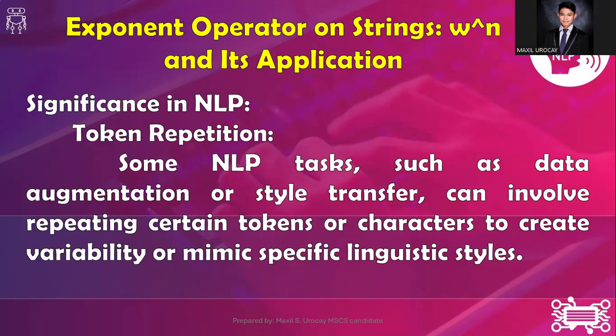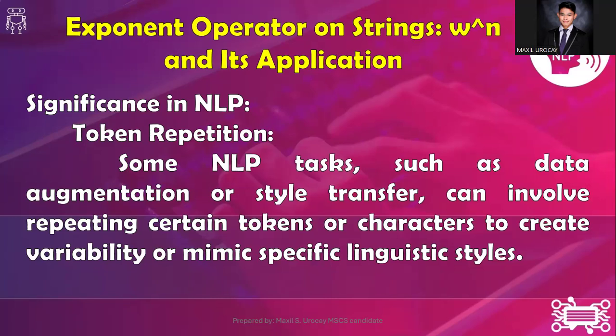It can also be used to mimic specific linguistic styles or patterns, which will allow the model to generate text that aligns with particular stylistic or syntactic preferences. That's why it is really significant in this field.